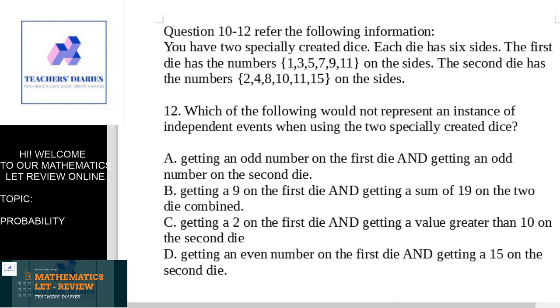A. Getting an odd number on the first die and getting an odd number on the second die. B. Getting a 9 on the first die and getting a sum of 19 on the 2 dice combined. Letter C. Getting a 2 on the first die and getting a value greater than 10 on the second die. Letter D. Getting an even number on the first die and getting a 15 on the second die.